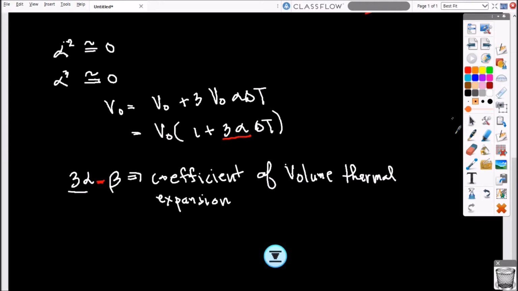So the final volume, let me erase this since this is a final volume. Okay, so the final volume now is V of O times 1 plus, now since we have 3 alpha times delta T, the change of temperature, then we replace 3 alpha by beta. This is now beta delta T.